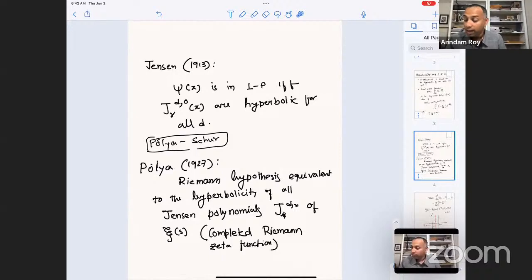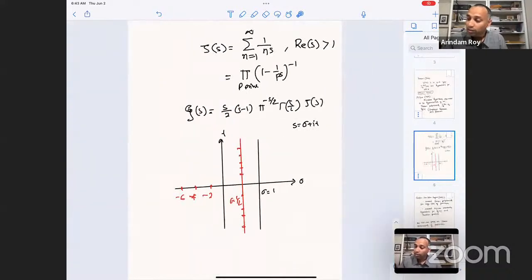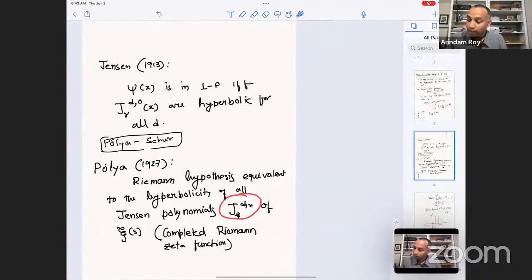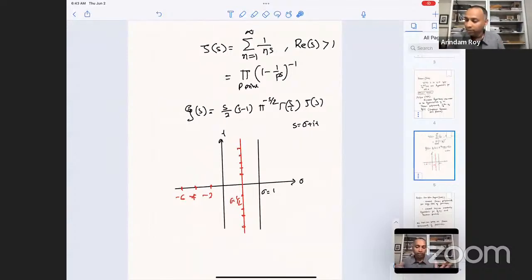It is really appealing because, in the Riemann hypothesis, we are looking at the zeros of a complex function, which is not easy to handle. On the other side, Jensen polynomials are polynomials, but the bad side is that you have to look at all degrees d and all n. But still, people thought it is more appealing.